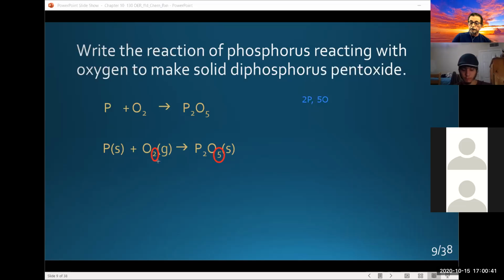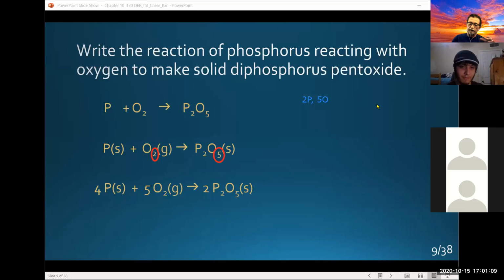Like we did the 2 to 3 here, our common number is 10, excuse me. So if I put a 5 in front of the oxygen, and if I put a 2 in front of diphosphorus pentoxide, that balances out my oxygens. But then that kicks up my phosphorus to 4. So now I got to balance the phosphorus out by adding a 4 in front of it. And now I have a balanced chemical reaction.